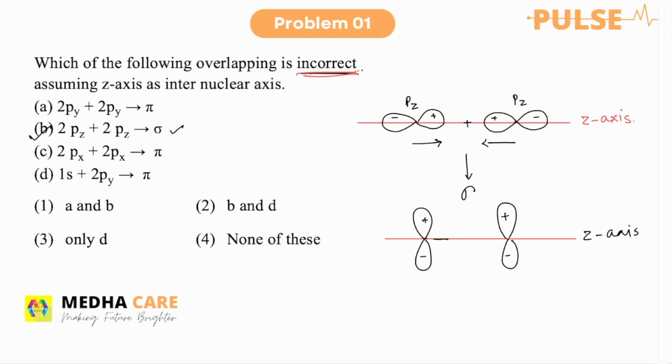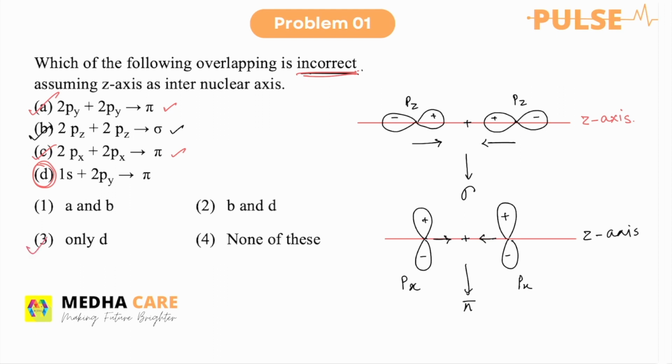Now if they overlap, there will be lateral overlapping. In that case, we will get pi bonds. So if it is px or px overlapping, then it will be pi bond. Py overlapping, it will be pi bond. So here we can see A, py overlapping, pi bond, px overlapping, it is pi bond. So these are correct.